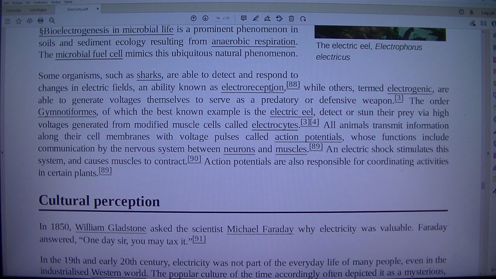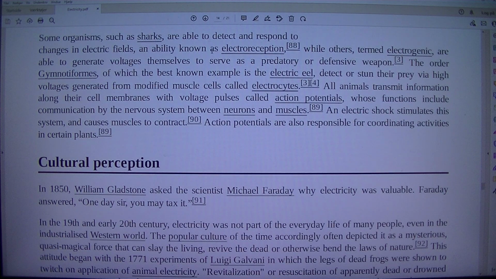Some organisms, such as sharks, are able to detect and respond to changes in electric fields, an ability known as electroreception, while others, termed electrogenic, are able to generate voltages themselves to serve as a predatory or defensive weapon. The order Gymnotiformes, of which the best known example is the electric eel, detect or stun their prey via high voltages generated from modified muscle cells called electrocytes.